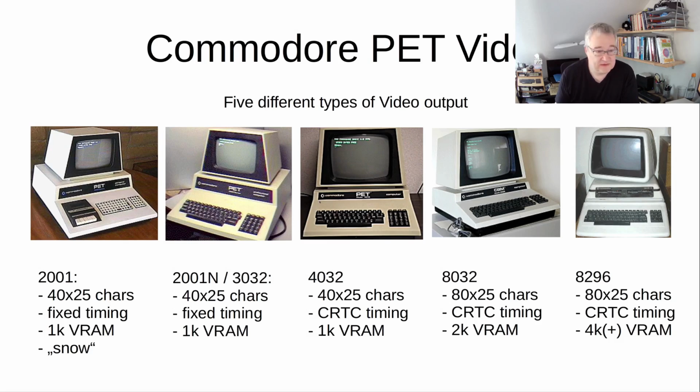Then we have the 4032 and the 8032, which are very similar. Actually, the 8032 came out first in one revision that was only capable of doing 80 columns per line. But then they produced a so-called universal board, more or less the same, but with instructions and options to put in those chips so that you can use it as a 40 column PET model.